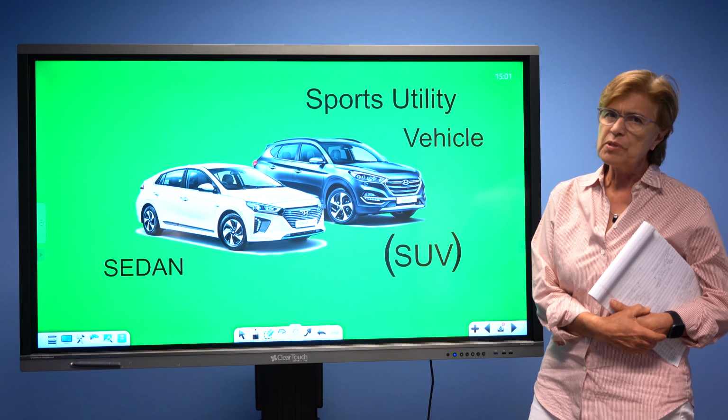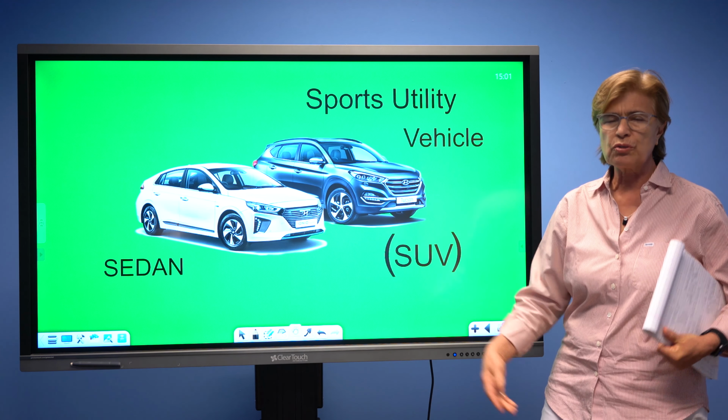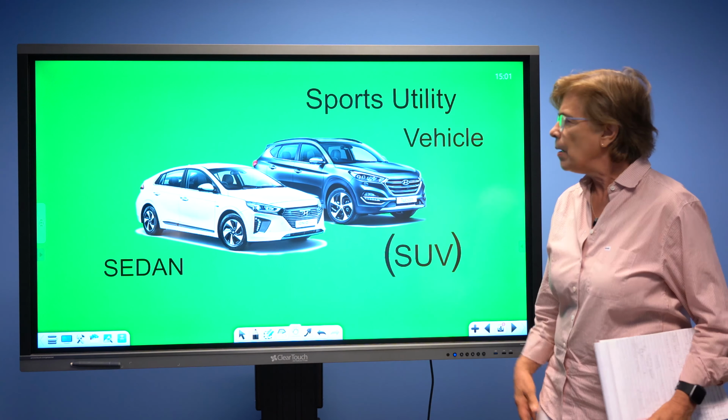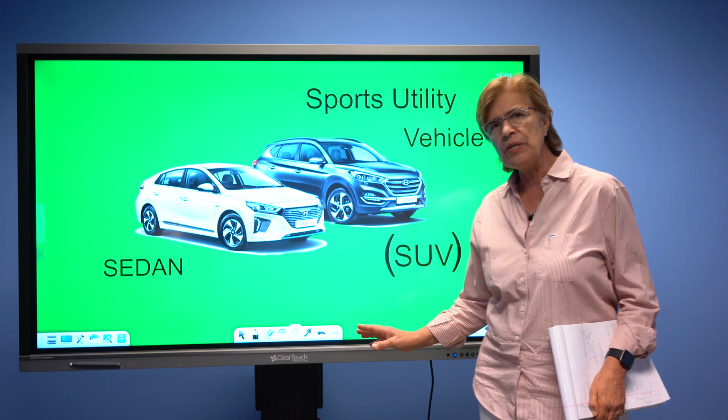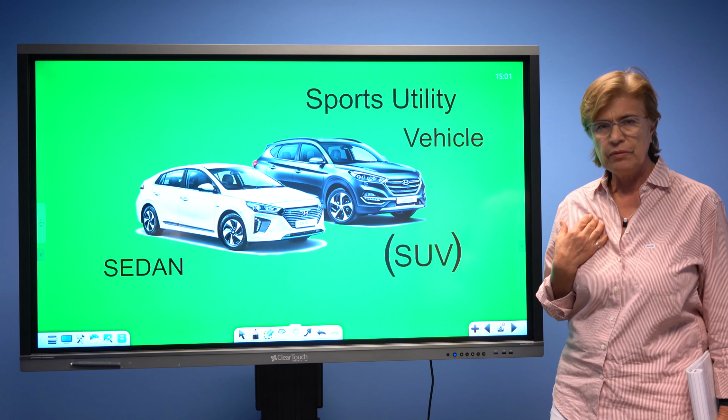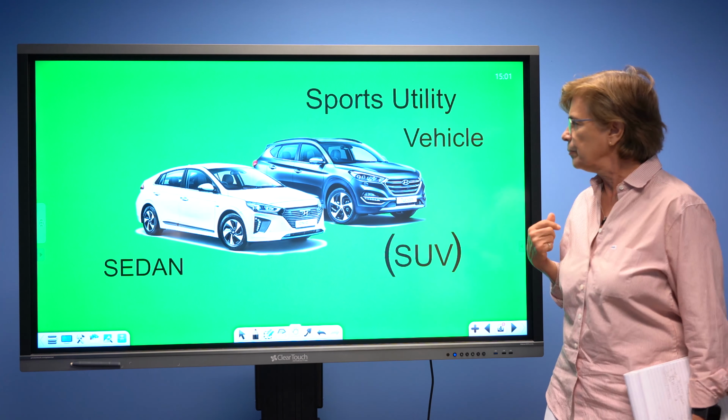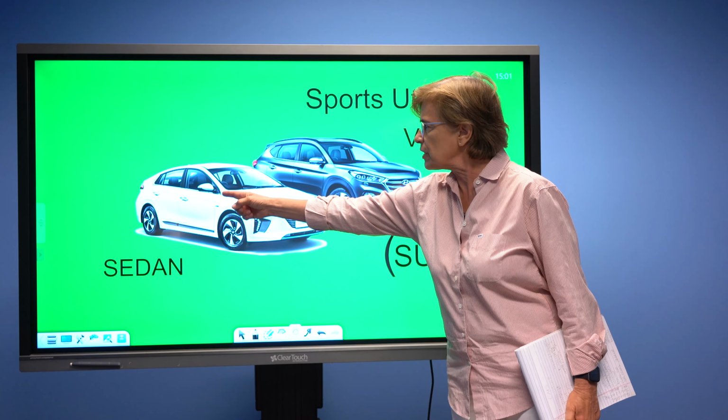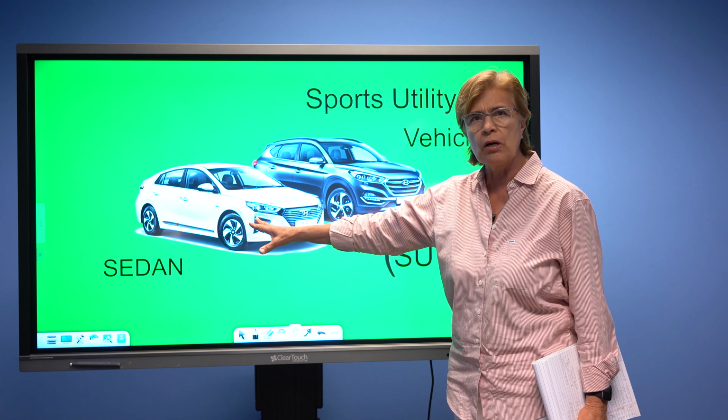There are many types of automobiles, sports, trucks, you name it. But I'd say these would be the most common for us. Sedan. This one's 4 doors. It's a family car.